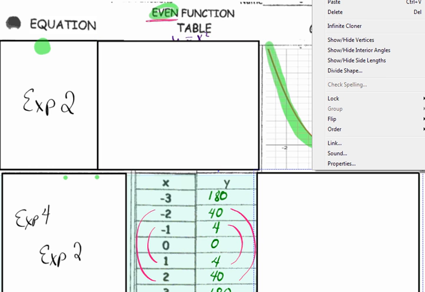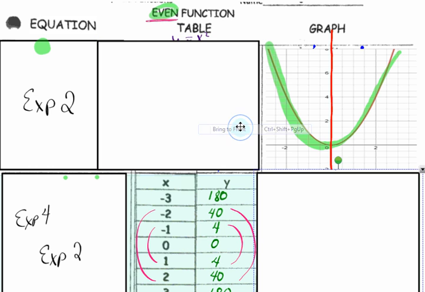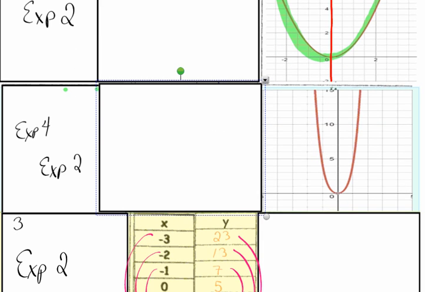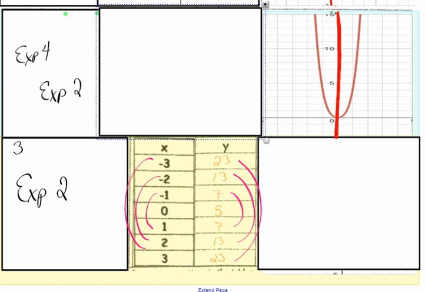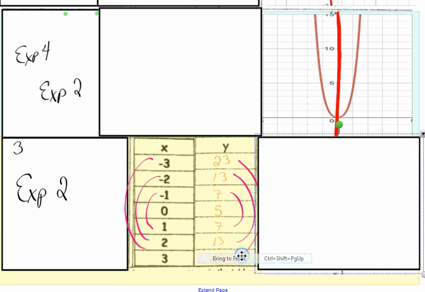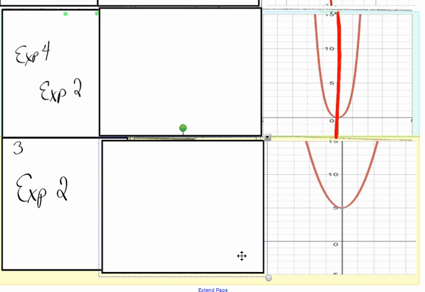Let's see if this holds true for all my 3 pictures. Let's look at this. I have a line of symmetry on this one that is also the y-axis. Nice, a vertical line of symmetry that is the y-axis. Let's look at this last one and see if this also holds true. So slide that over. Oh, look at that.